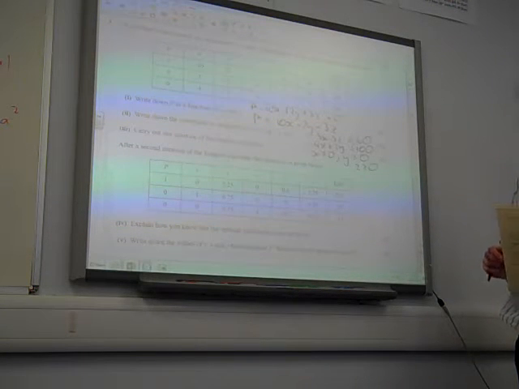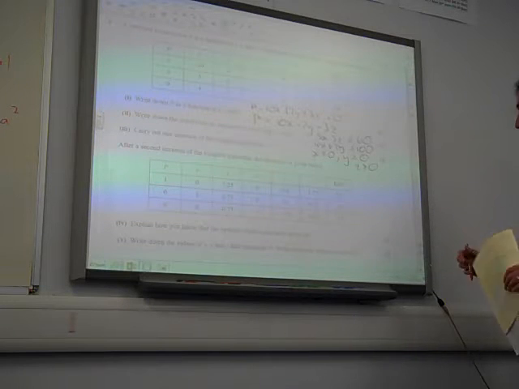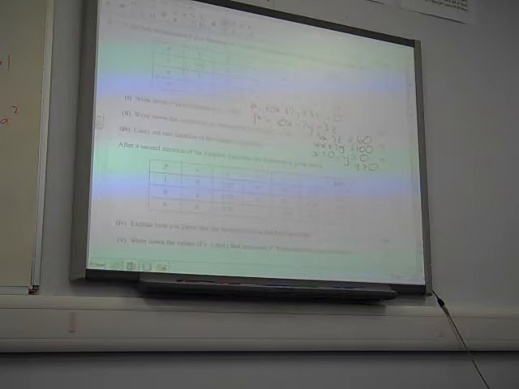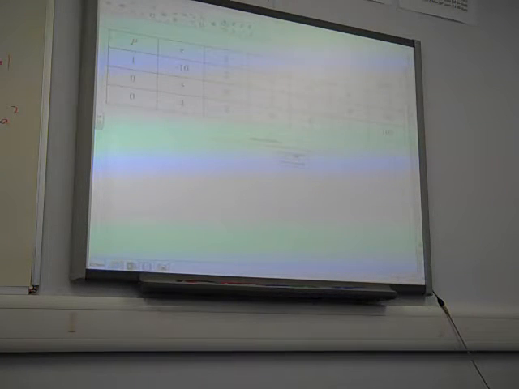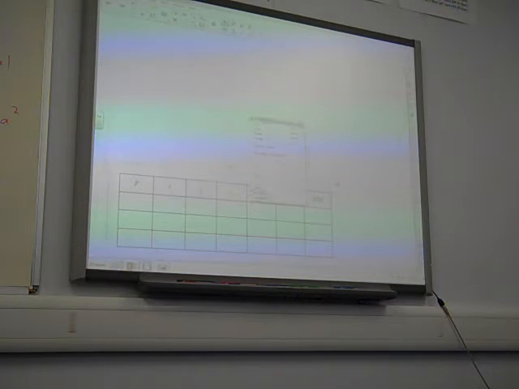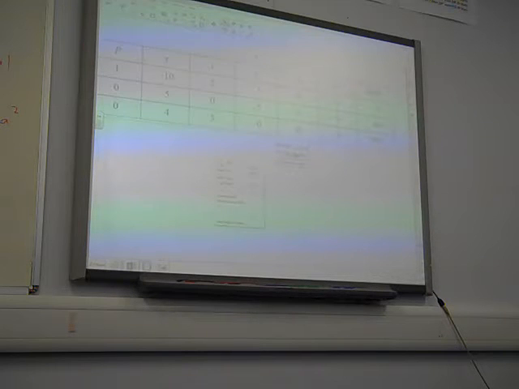Carry out 1 iteration of the simplex algorithm. I should have taken a copy of the table. Let me just do that. There you are.